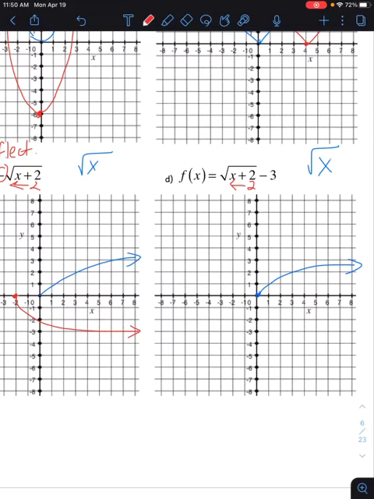And we get a minus 3. That's a number at the end of the function by itself. So remember, that's up or down. Since it's a minus 3, that would be down 3. So left 2, down 3. And this one would open up just like the normal parent function would.